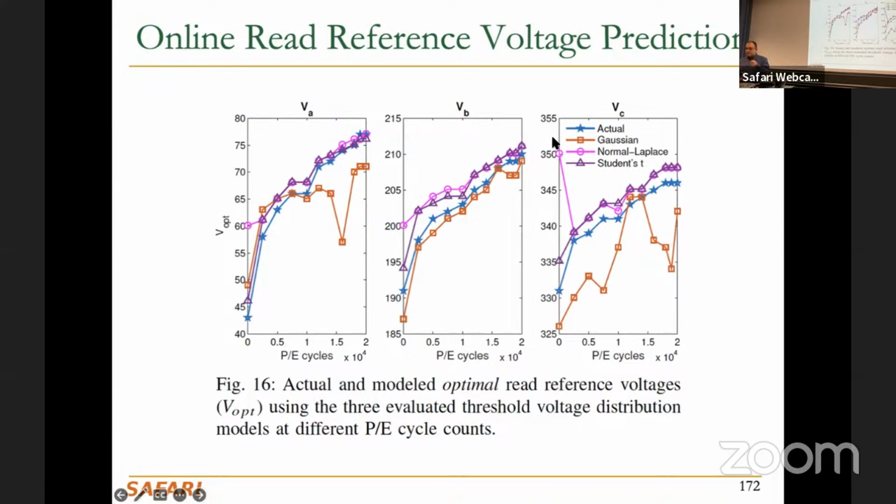The actual read reference voltage is the one that you get from experiment; these are the optimal read reference voltages. The other points are what you estimate using your models. You can see that some of these models are quite off. Gaussian doesn't nicely map to the actual one. But Student's t and normal-Laplace are much better. That's why we show that it's better to use the Student's t model, for example.